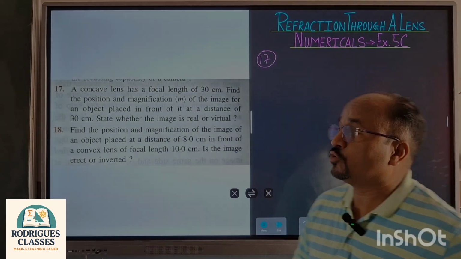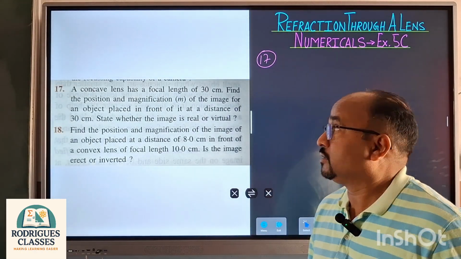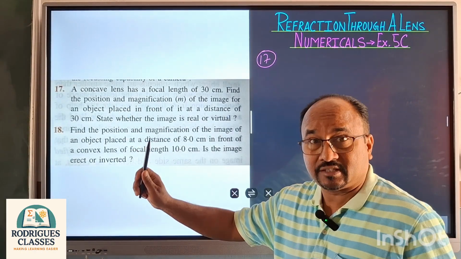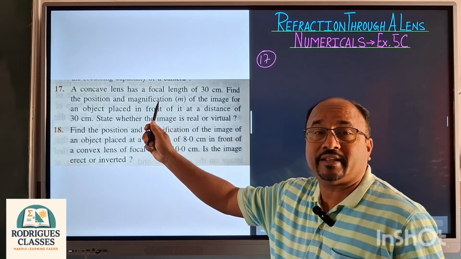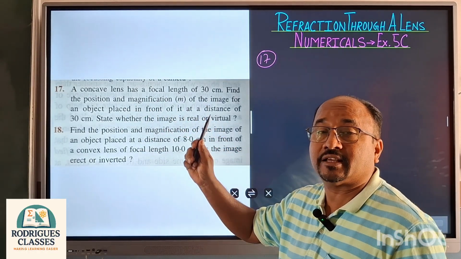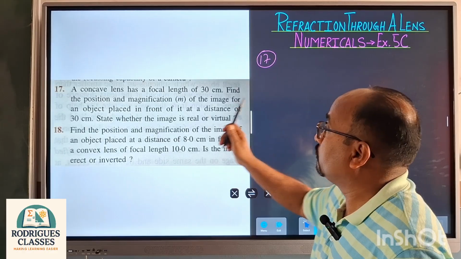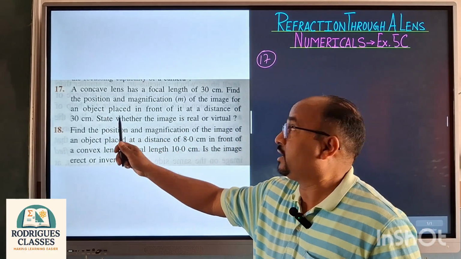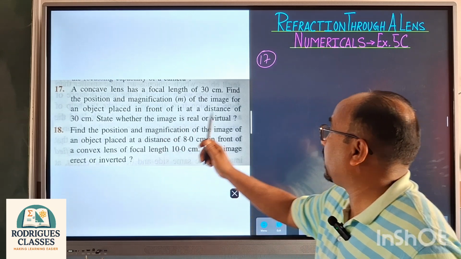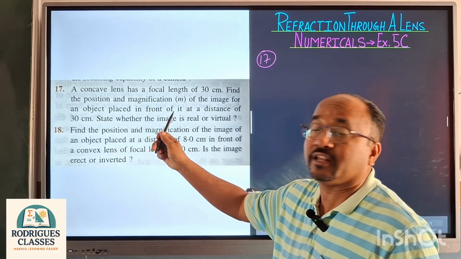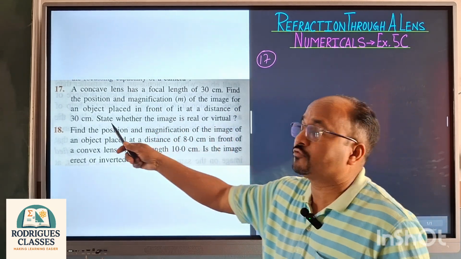Now let us come to question number 17, which says a concave lens of focal length 30 centimeter. For a concave lens, F is to be taken as minus 30. Find the position, it means V, and magnification of the image. So V and M we have to find for an object placed in front of it at a distance of 30 centimeter.